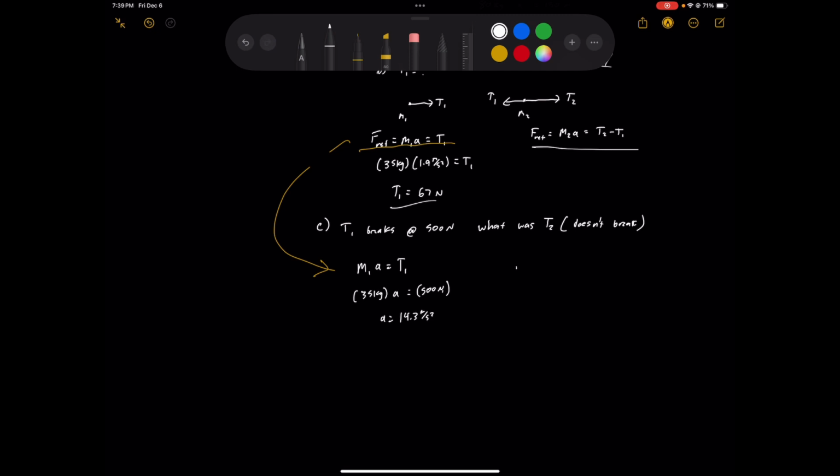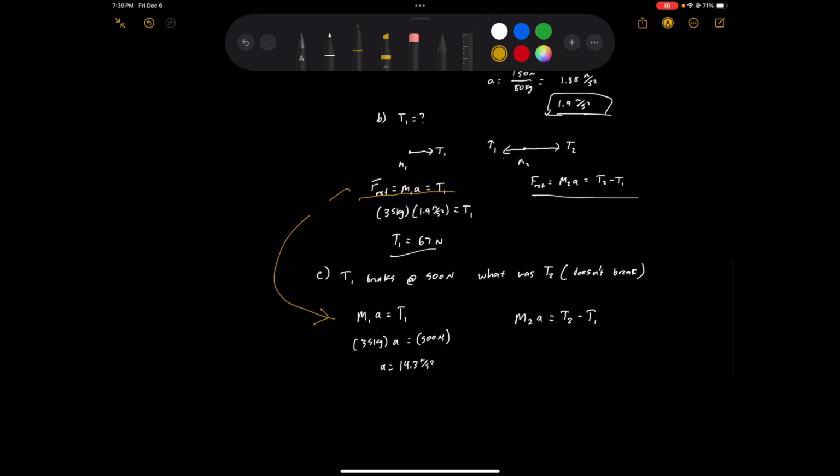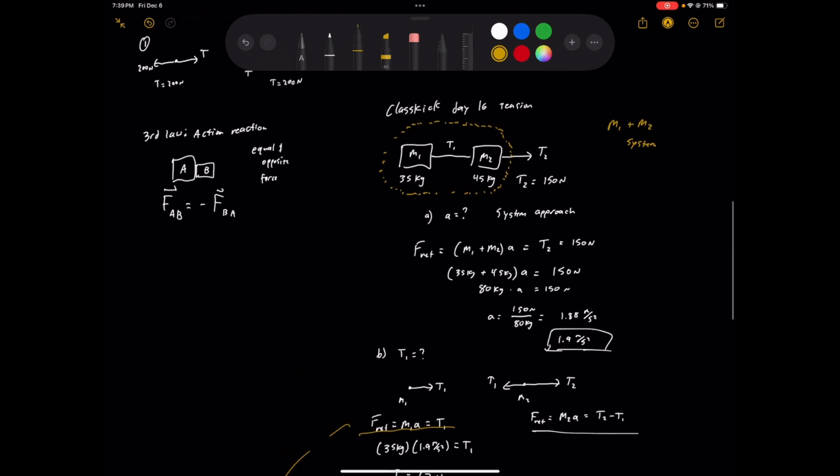So for mass 2, we have M2A has to equal T2 minus T1, right? That's just this free body diagram up here. So this is mass 2. For mass 2, T1's pulling it to the left, T2's pulling it to the right in the direction of the acceleration.